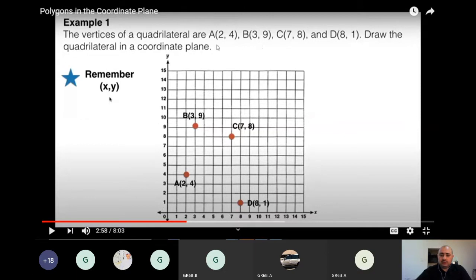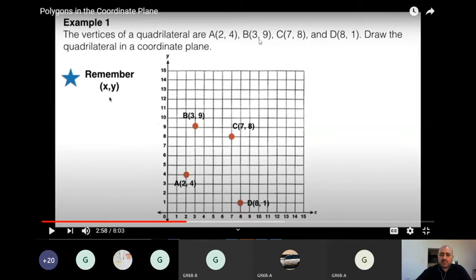Now, how do we draw this point? 2 in x and 4 in y. So the location in x will be 2, and the location in y will be 4. This is 2 in x. Then go up 4: 1, 2, 3, 4. So this is the first point, A (2, 4).